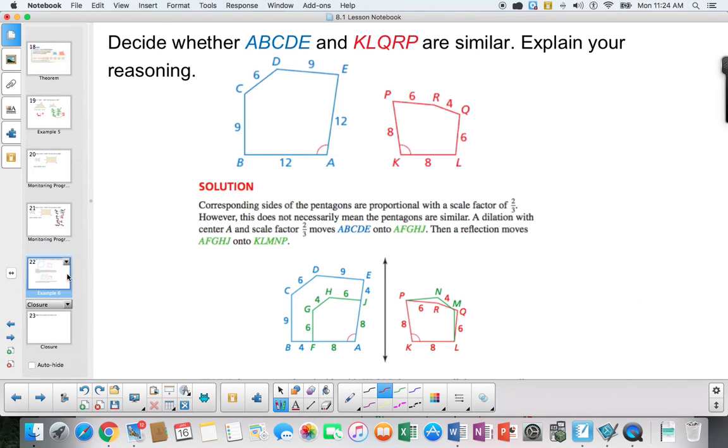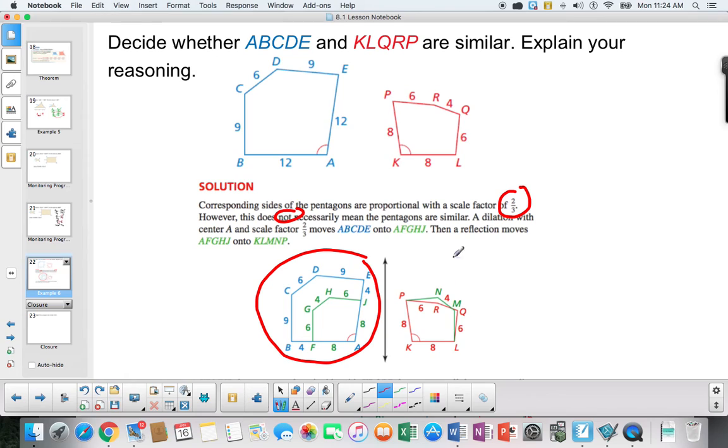Okay, last problem. We want to decide if these two figures are similar. And the answer is, well, all their sides have the same scale factor, 2 to 3. But they are not similar, and that's because you have to take into account angles as well. Even though they have one angle in common, you would think that maybe you could reflect it and it would look like this.